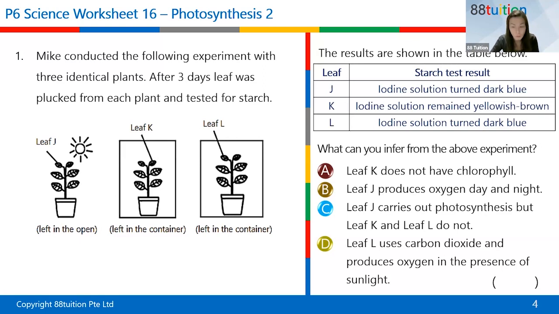But the moment you conclude this way, leaf K does not have chlorophyll, I want to ask you, what is your evidence? So I know who are the people who answered wrongly. You all chose A. Think about your reason.